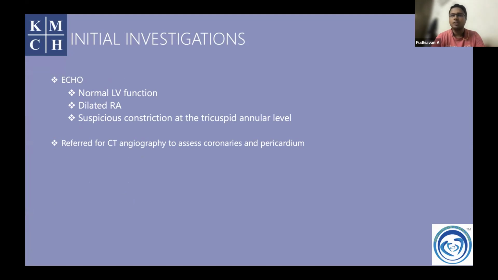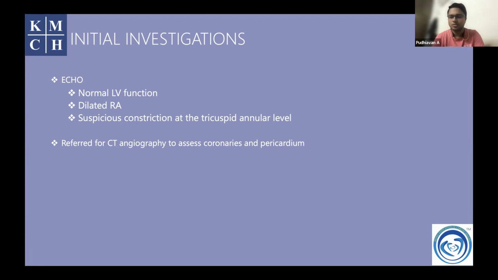The valves were normal, but he could see some external compression in the region of the tricuspid annulus, and the RA was dilated. So this patient was again referred to CT angiography for the dual purpose of again reassessing the coronary artery disease, and also to have a look at the pericardium to see if there is any constriction due to the pericardium here.